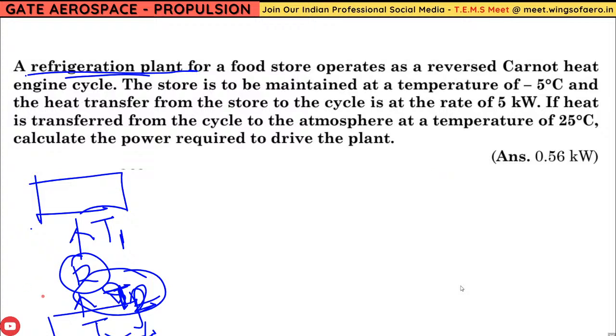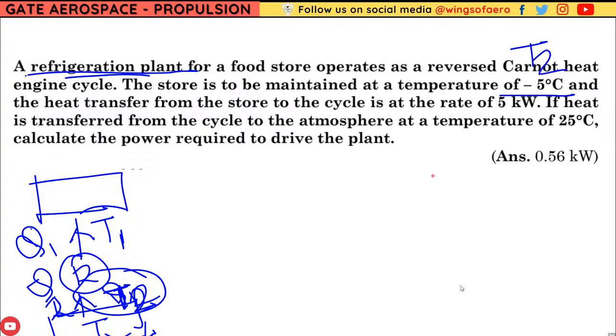This is T2, this is Q2, Q1. This is our T2, this is T1, and this is our Q2.